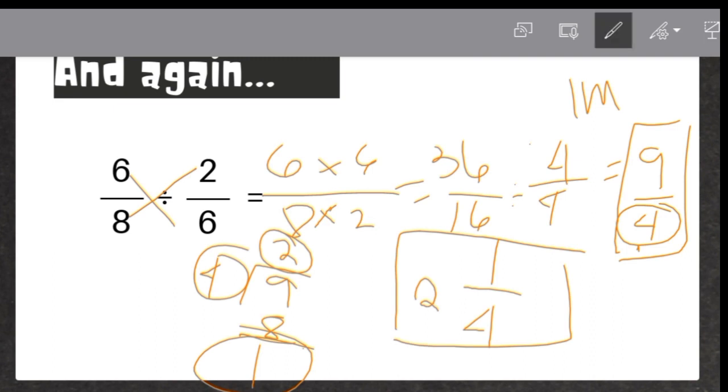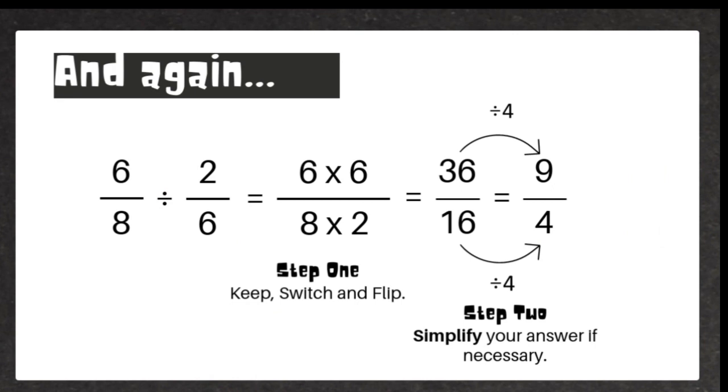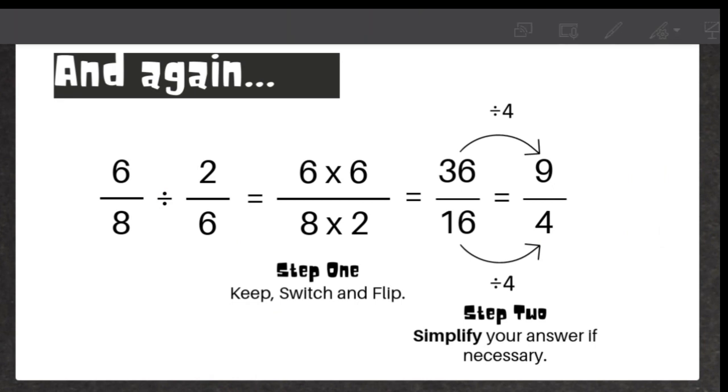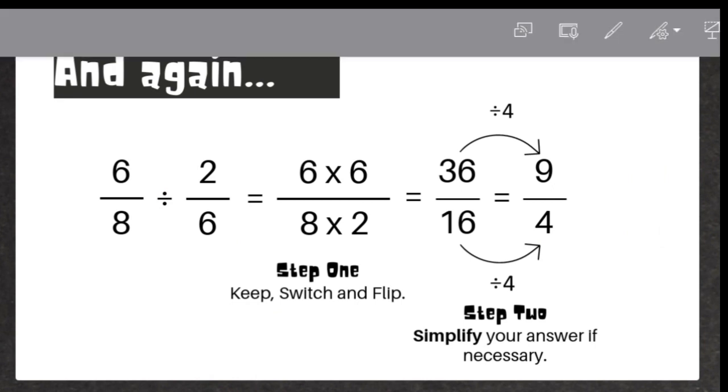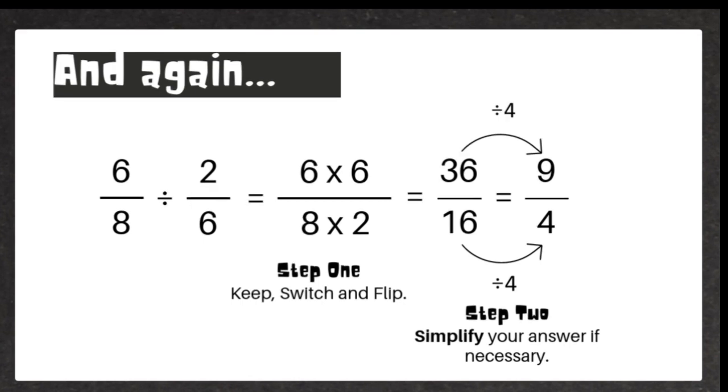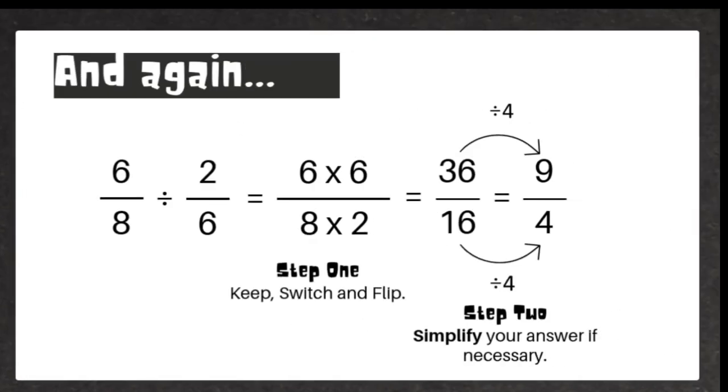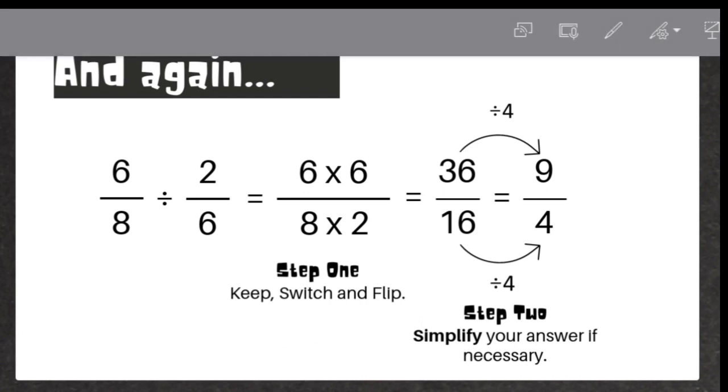So here is a more digitized picture for you to see it clearly. Again, 6 times 6, reciprocate. So 6 times 6 is equal to 36, and 8 times 2 is equal to 16. And yeah, our answer will be 9 over 4, right?